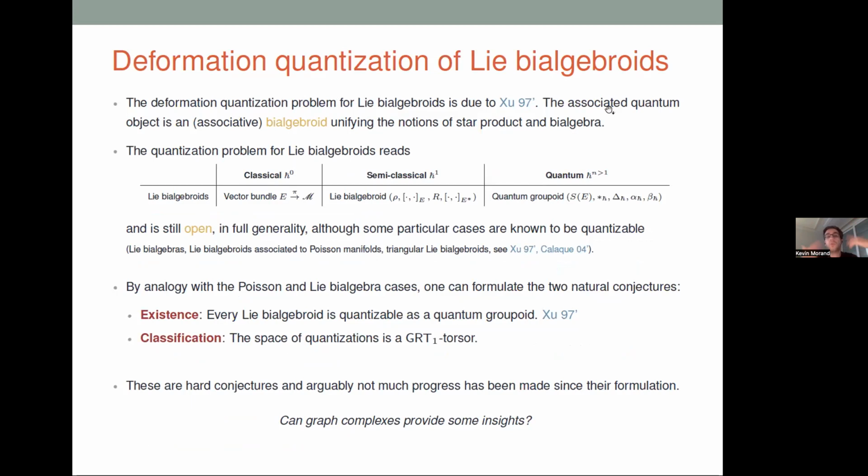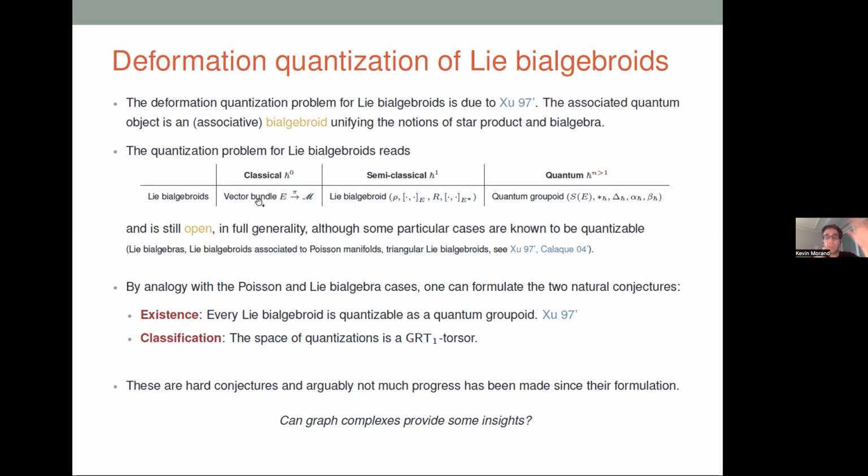The associated quantum object is the so-called quantum groupoid, which is a bialgebroid, a kind of complicated object, which unifies the notion of star product and bialgebra. So Lie bialgebroids unify Poisson manifolds and Lie bialgebras, and the quantum objects unify the bialgebra and star product. So this is a natural candidate in order to formulate some quantization problem for Lie bialgebroids.